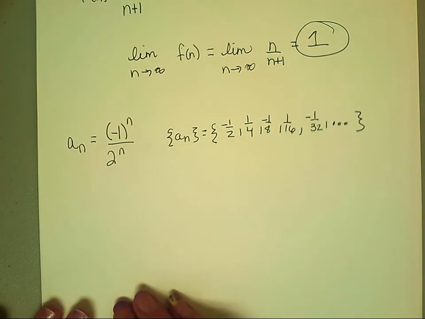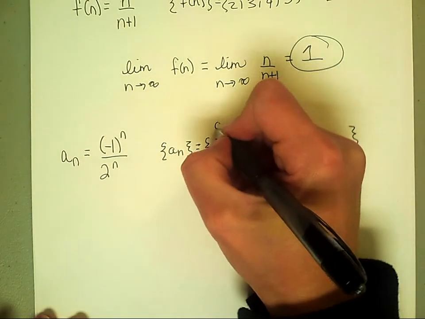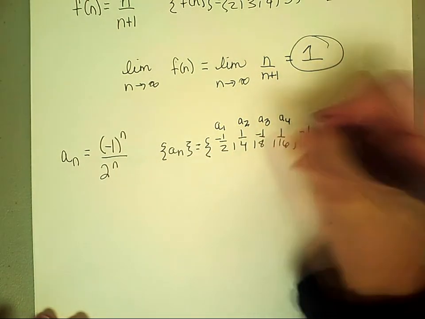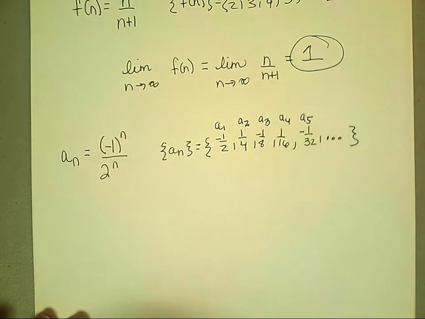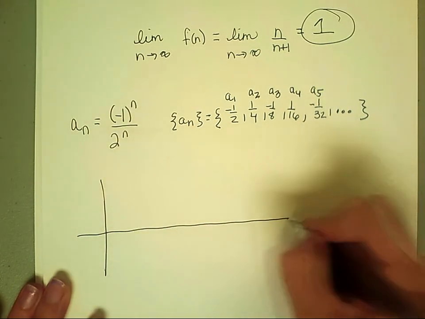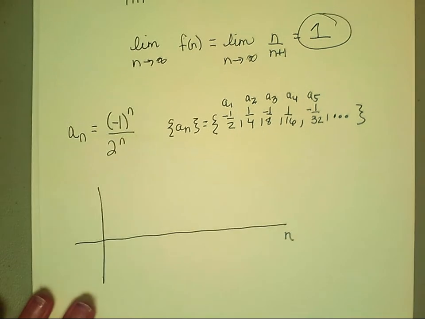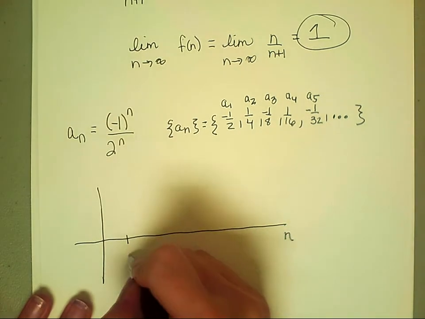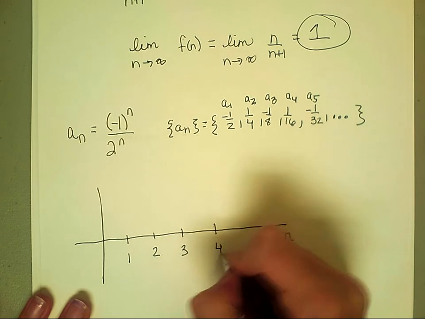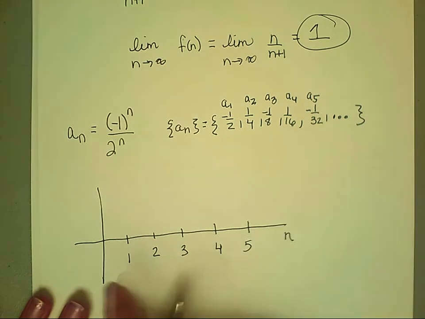So let's graph this. Now remember, this is a sub 1, this is a sub 2, this is a sub 3, this is a sub 4, this is a sub 5. So if I want to graph this, we put our natural numbers down here. So this is going to represent the first term, this will represent the second, the third, the fourth, the fifth term, etc. So let's see if there's any sort of behavior here.